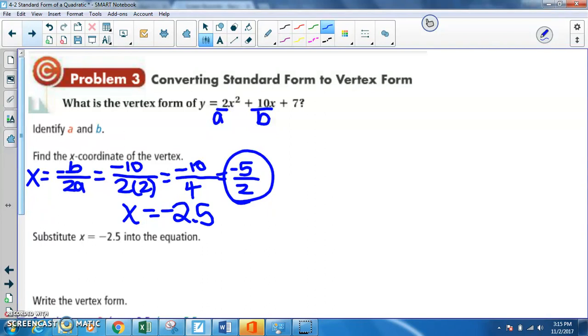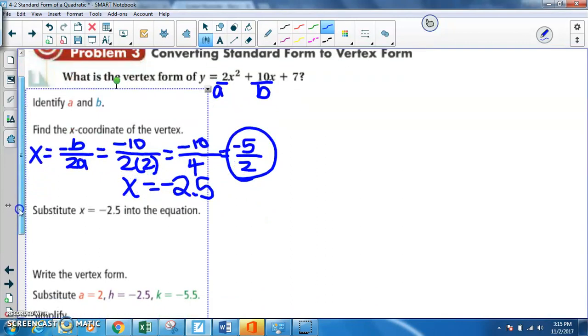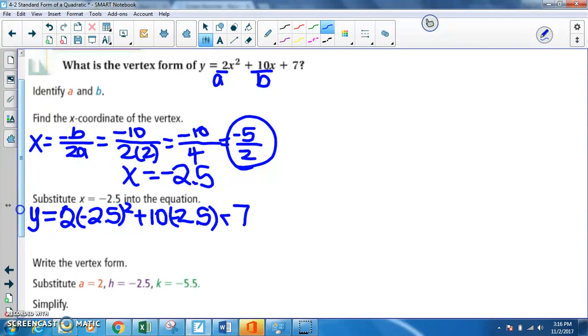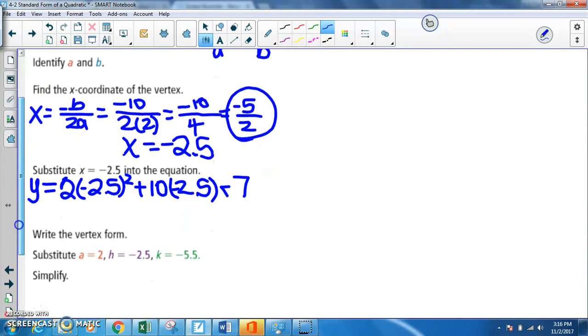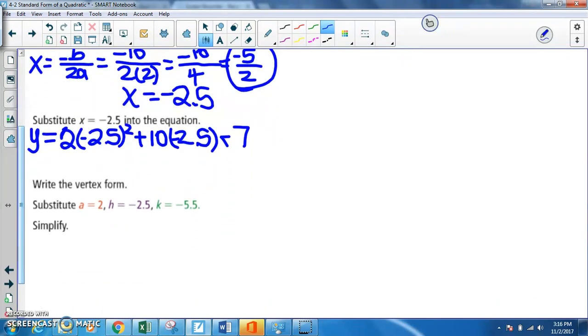We are going to take negative 2.5 and substitute it into our original equation to find y. So y is equal to 2 times negative 2.5 squared plus 10 times negative 2.5 plus 7.